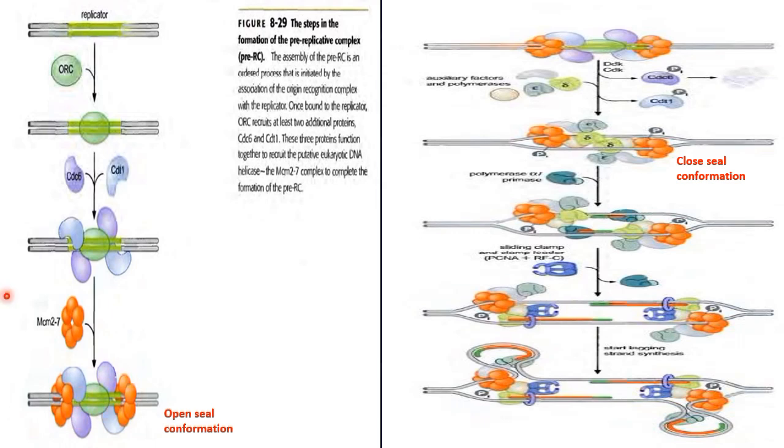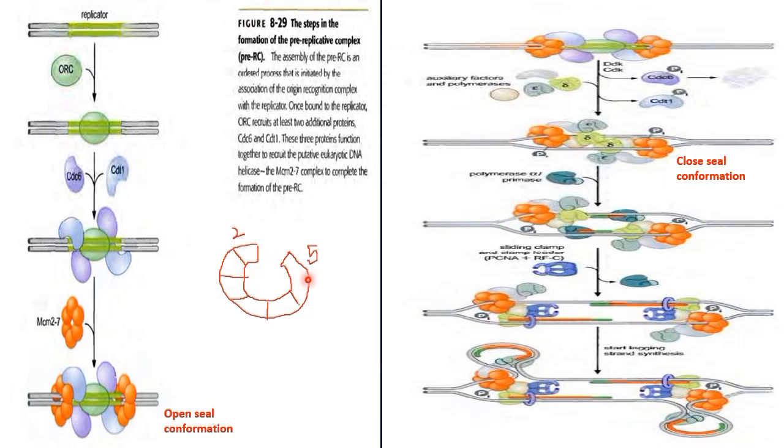And as we have learned, here MCM2-7 helicase is a hexamer which contains six different subunits, MCM2 to 7. Here is what we mean by that. Now let's talk about open seal conformation. This is what we refer to as open seal conformation of MCM2-7 helicase, where this is the MCM2 subunit and this is the MCM5 subunit.